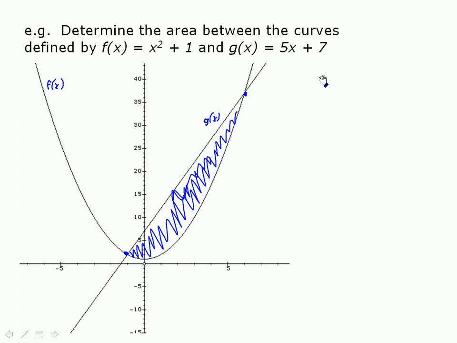So what I'm going to do is find the intersection points algebraically. The easiest way, I think, is to ask the question, where is f of x equal to g of x?